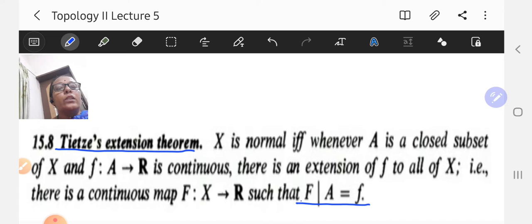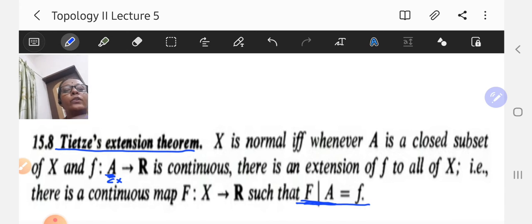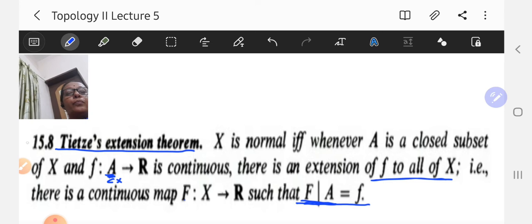That is, this is the extension of small f to capital F, where A is a closed subset of X, and there is an extension of f to all of X. This extension is defined so that F restricted to A equals small f, that is, X must be normal.